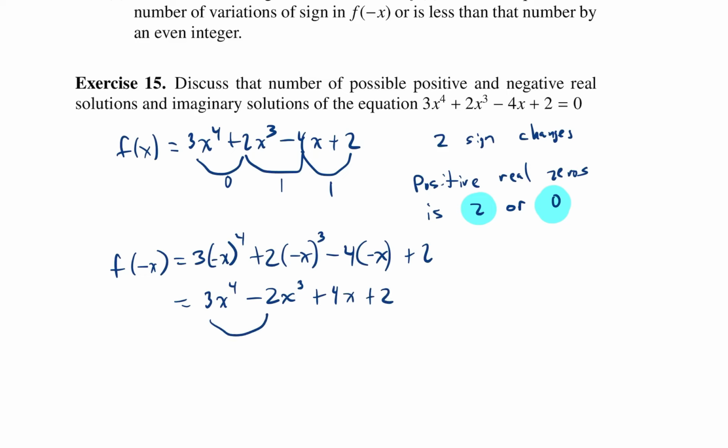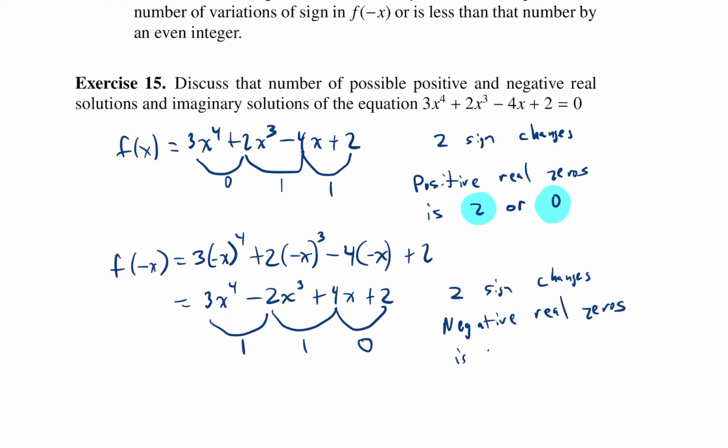So let's count the number of variations in sign. From here to here, that's one variation. From here to here, that's another variation. And from here to here, that's not a variation because it's going from positive to positive. So this one's going to be similar. There are two sign changes. That means that the possible number of negative real zeros is 2 or 0 again.